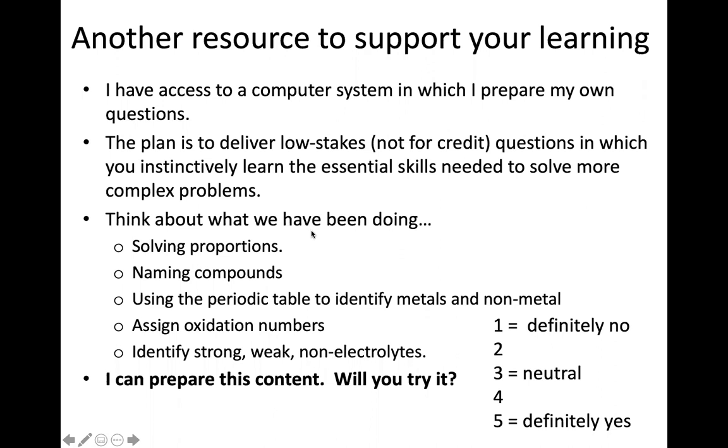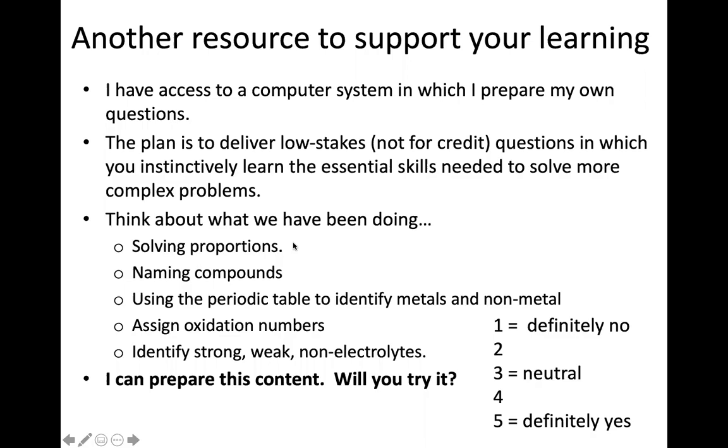I was just wondering, for the ones that are asking us whether a reaction takes place, do you think if we encounter questions like that, there'll always be one of the reactants just in its elemental form? When we're using the activity series, yeah.